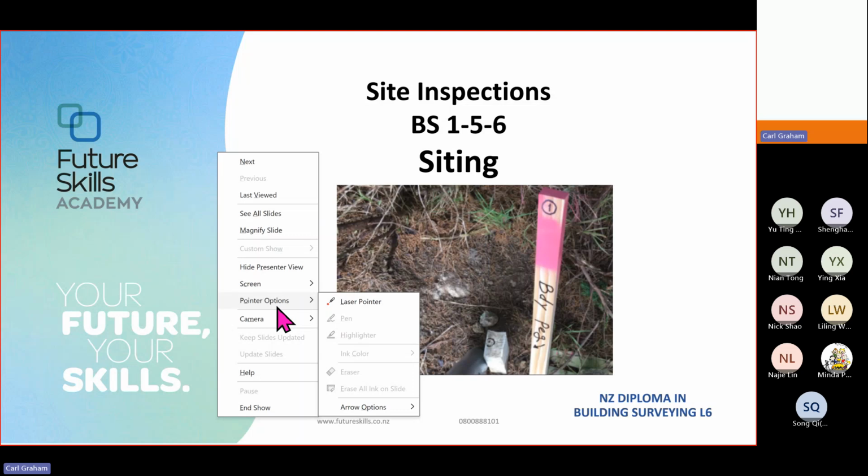I'll turn it around this way. No pens. Where have my pens gone? Oh, I'm pulling the computer off. It's still in there.